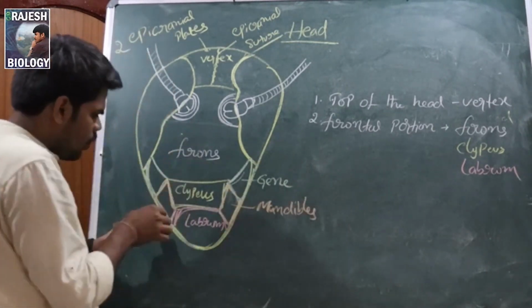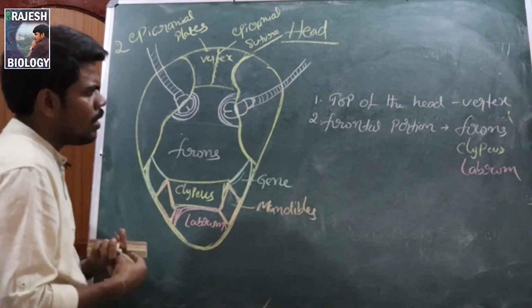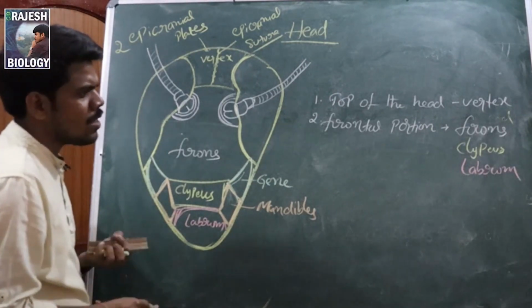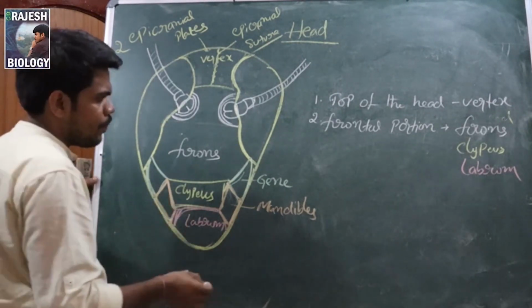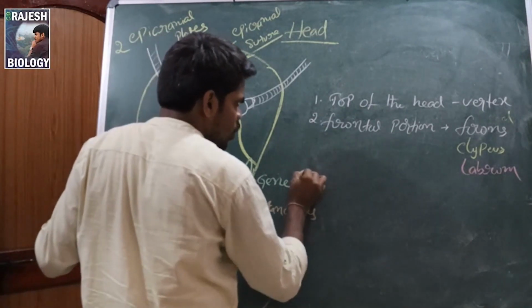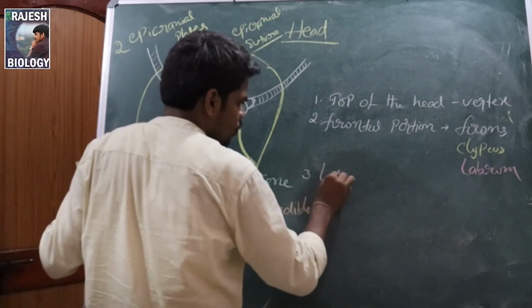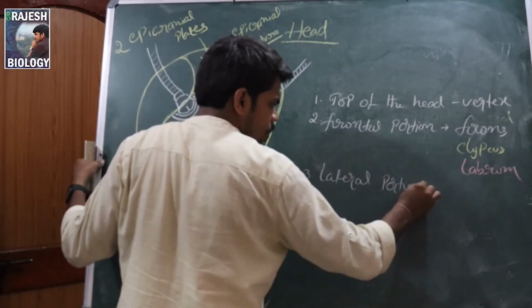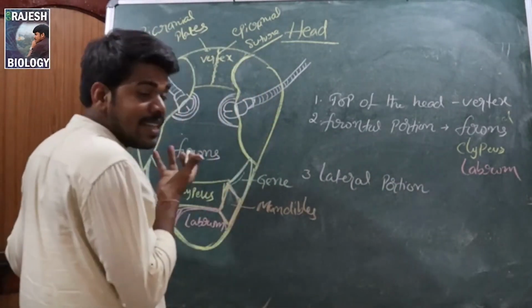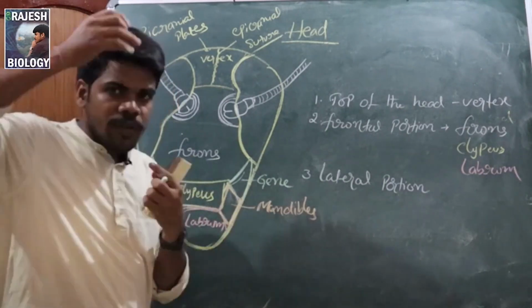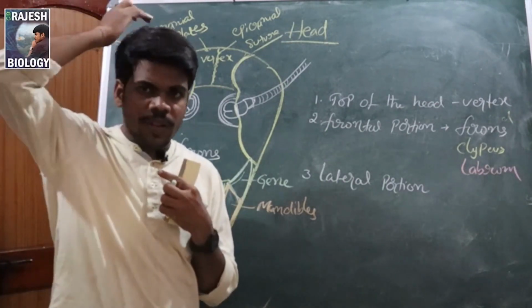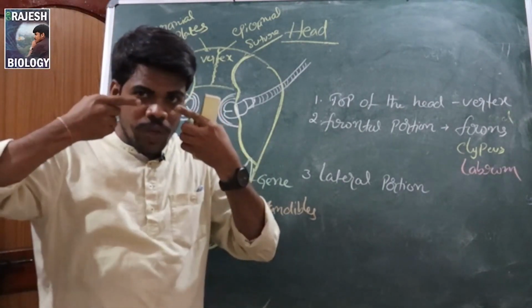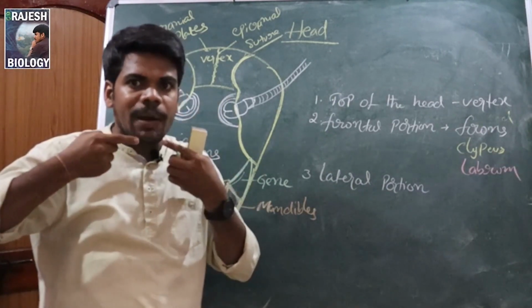So first we will write the frontal portion. The frontal portion is covered by the frons, clypeus and labrum. Later the lateral portion, or sides. This is the top of the head, vertex. Frontal portion, frons, clypeus, labrum.